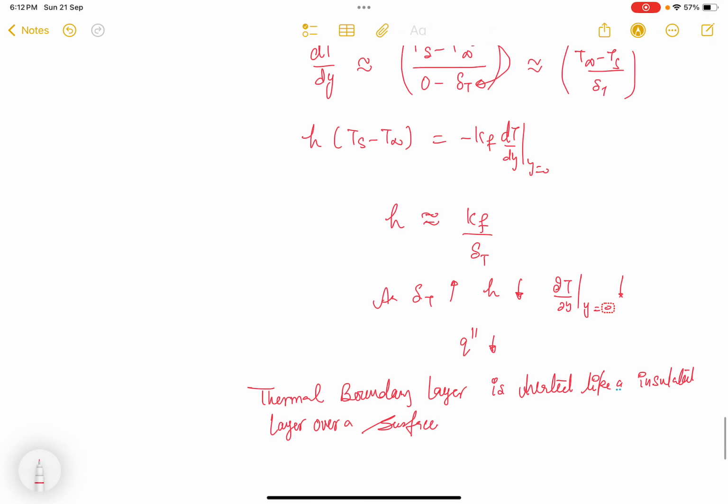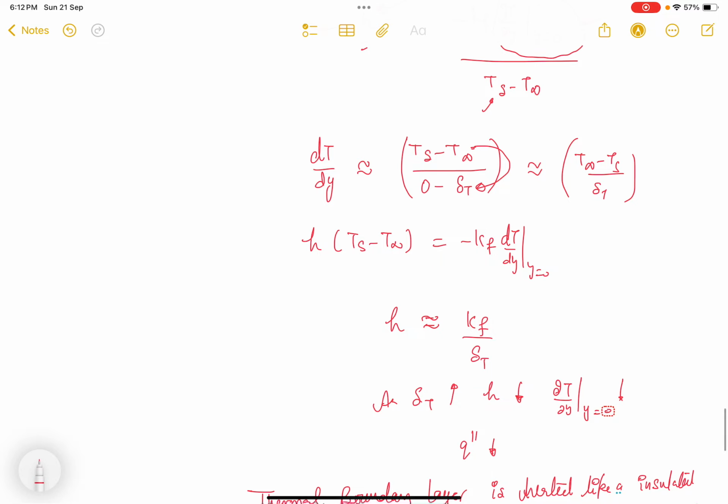So to calculate the heat flux, either we need the heat transfer coefficient or the temperature gradient at the wall, right?